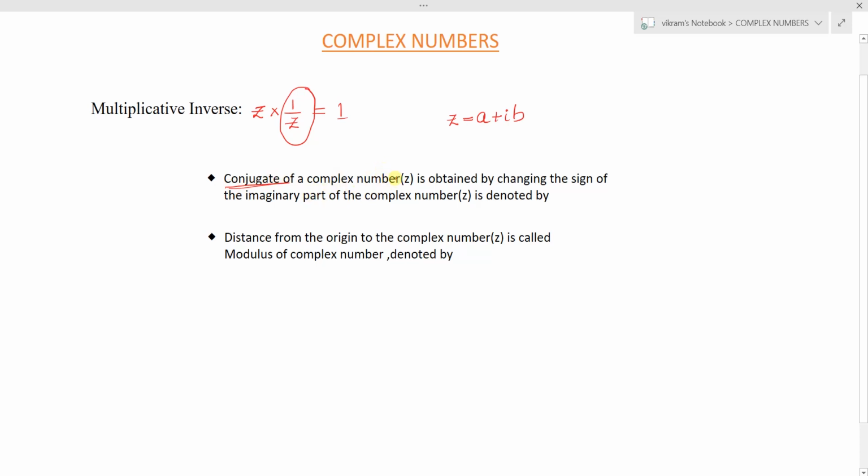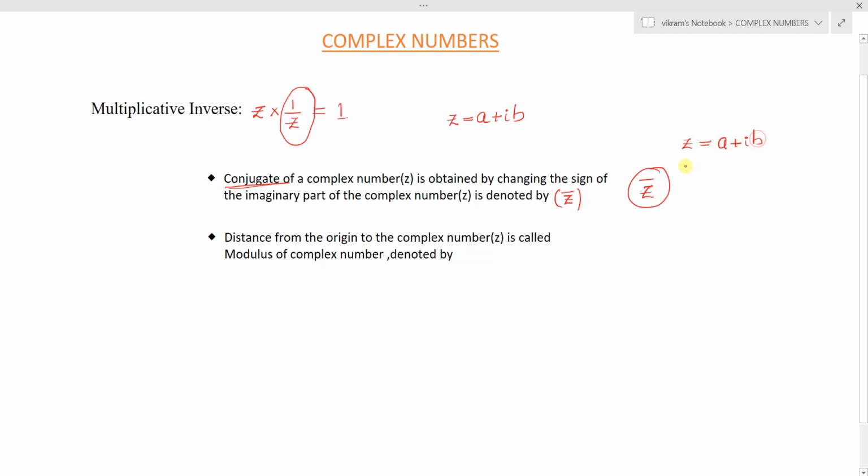The conjugate of a complex number z is obtained by simply changing the sign of the imaginary part of the complex number, and is denoted by z bar. Now z equals a plus ib is a complex number.